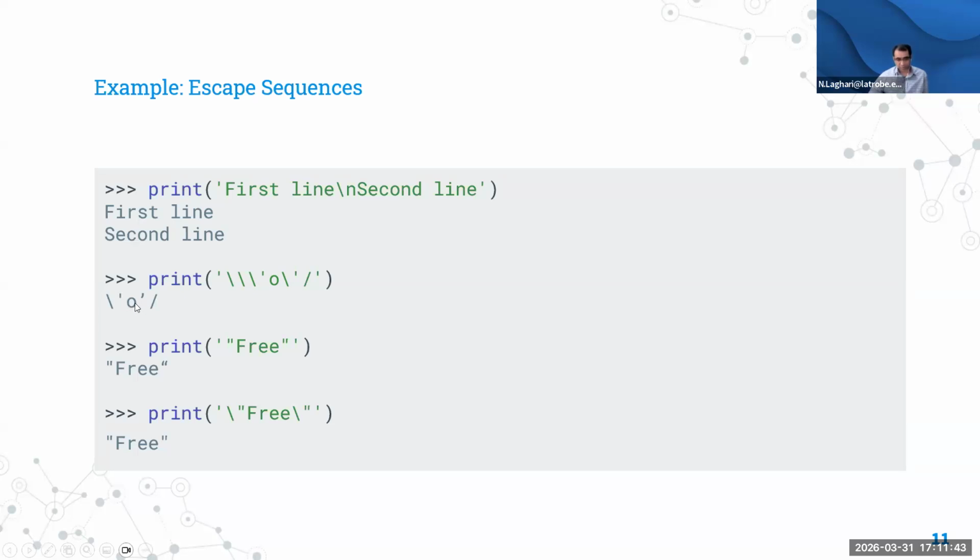Then O is there, and then we have another backslash and apostrophe, which is a single apostrophe, and then we have got the forward slash. We do not need any escape character for the forward slash.